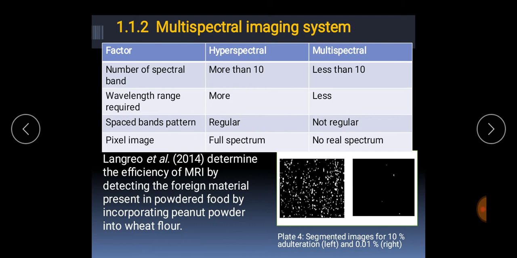Different images have different spectra, and a multispectral imaging system is also there, where a machine can check different spectra and different products. Suppose the production unit is producing different kinds of product, and a single machine is fitted. At that moment, what happens? It can check multiple spectra, and based upon that it can check the quality of the product.